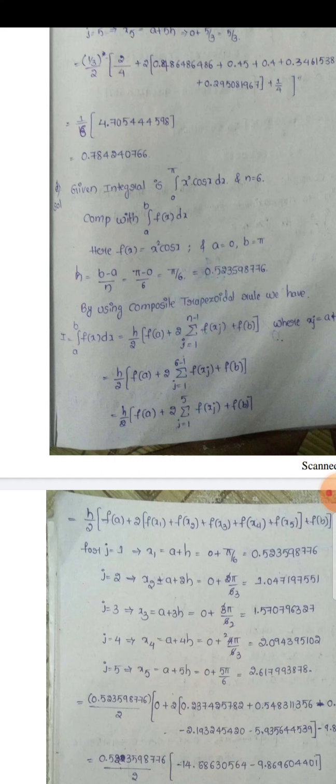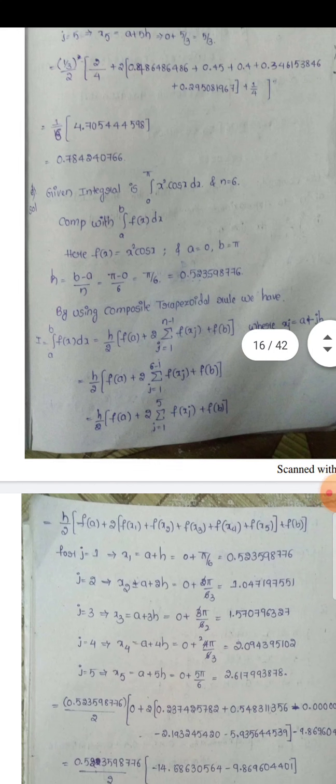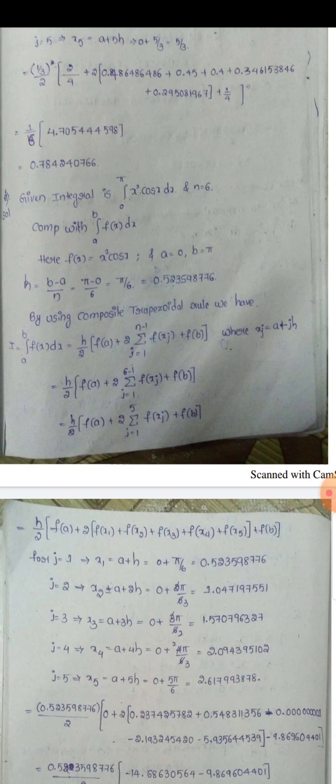equals h by 2 into f of a plus 2 summation j equals 1 to n minus 1 f of xj plus f of b, where xj equals a plus jh.